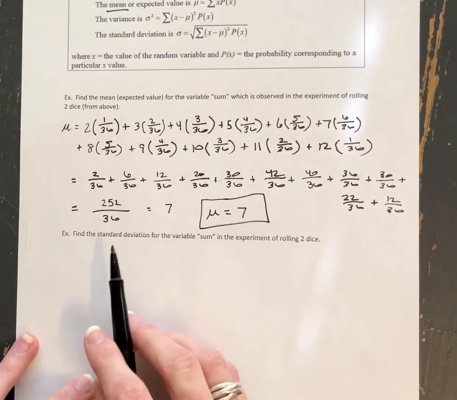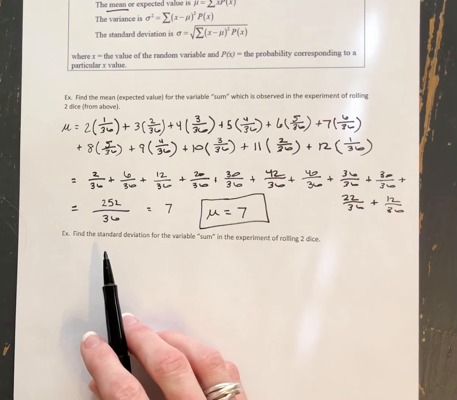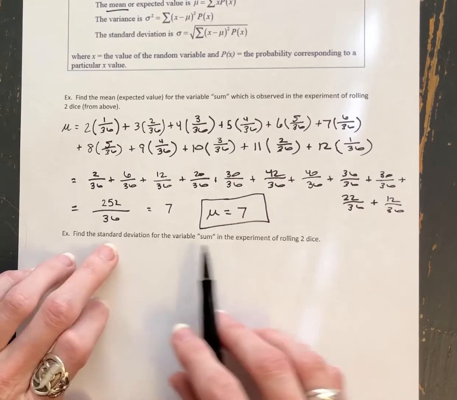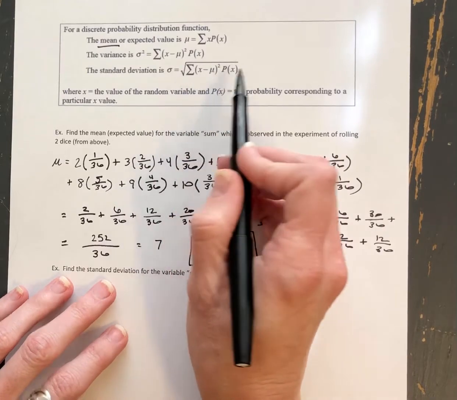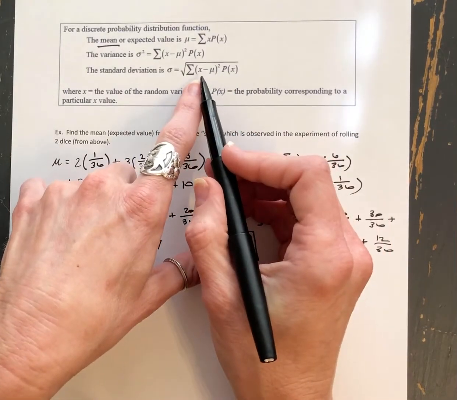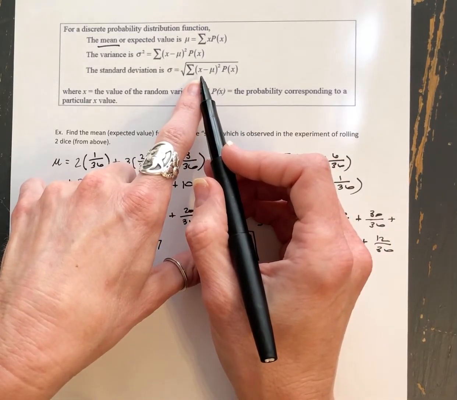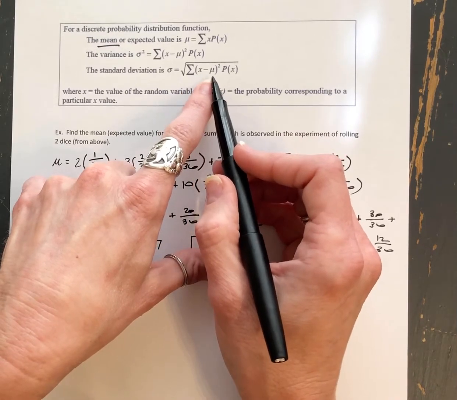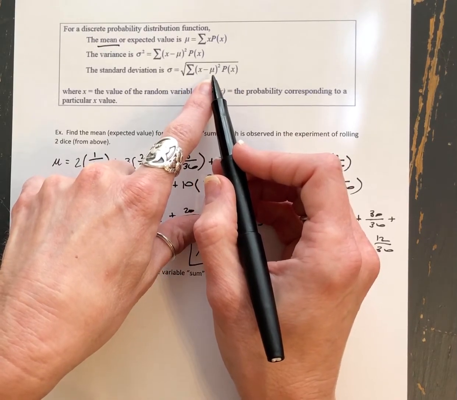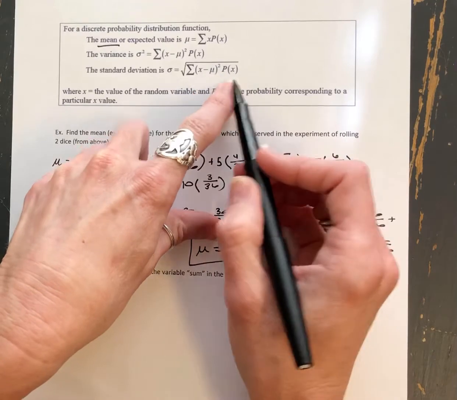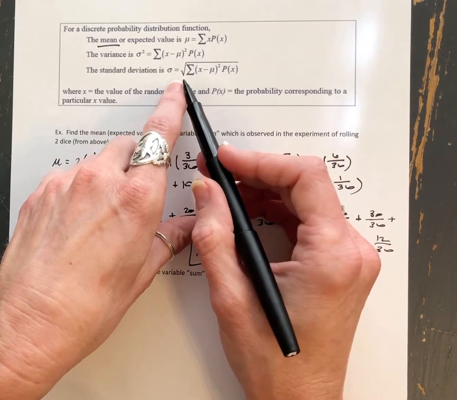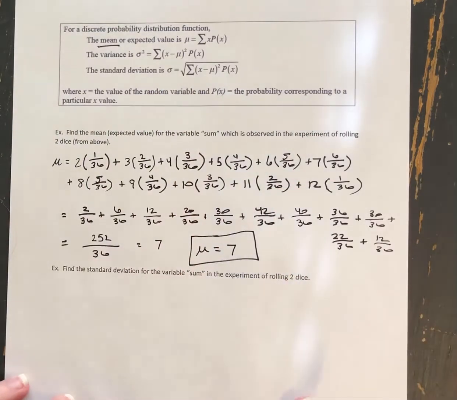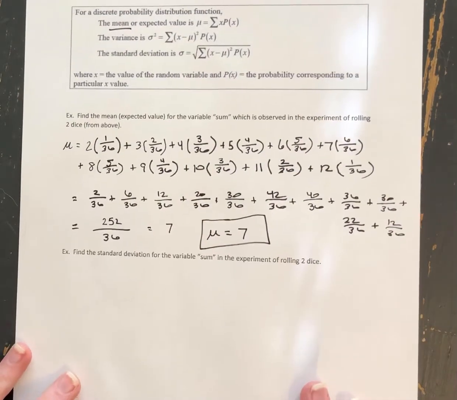So the last example here is we're going to find the standard deviation for the variable sum. So here's our standard deviation formula. We need to take each observed x value, so each sum, minus the mean that we just calculated, which was 7, square those values, then multiply them by their probabilities, add them all up, and finally take the square root. So that's going to be our process.